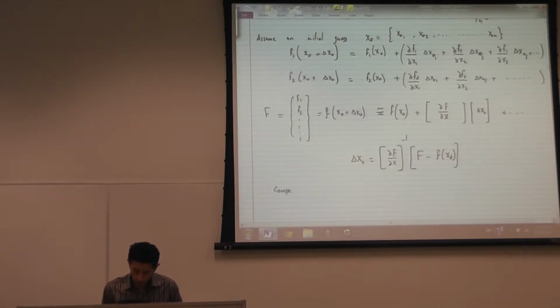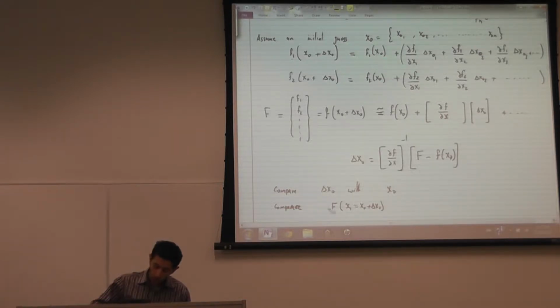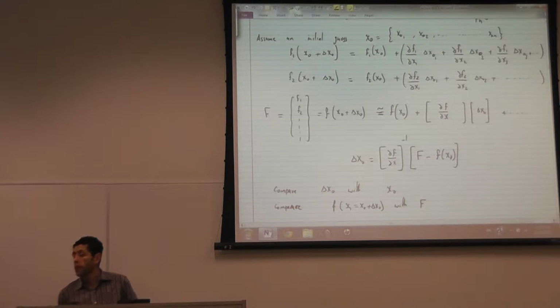Compare delta x naught with x naught, and compare small f of x1, which is equal to x naught plus delta x naught, compare small f with F. However you want to compare them, you can compare them component by component.